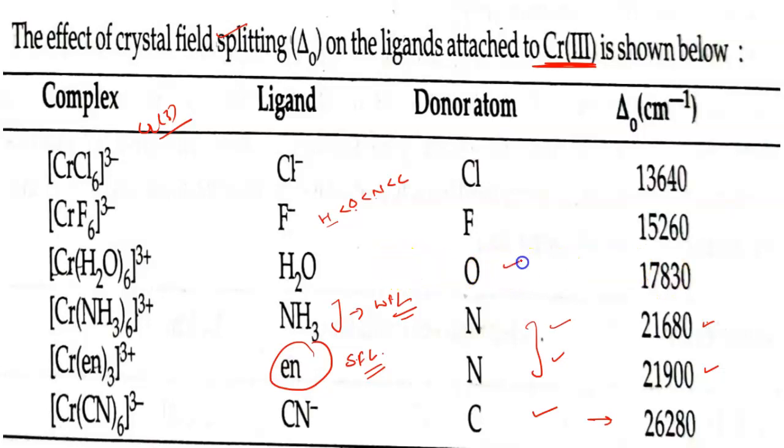Then we have the O donor atom, that is H2O, the molecule. Then we have the halide atoms F and Cl, F being smaller in size, causing greater crystal field splitting as compared to chlorine. That also we have discussed in the previous slide. So listen to all the points that I am saying very carefully, only then will you understand what the factors are and how they affect your CFSE value, correct?